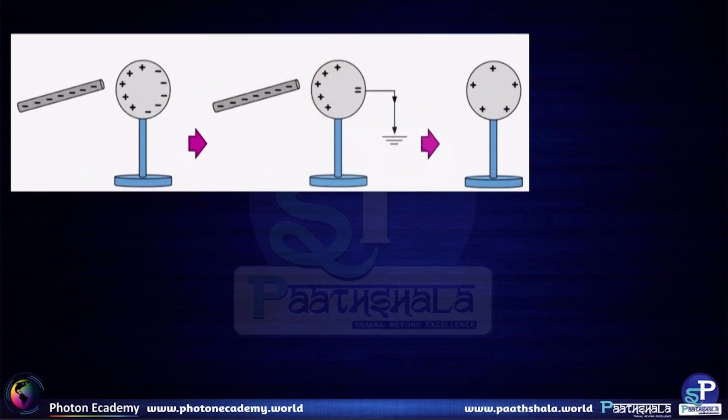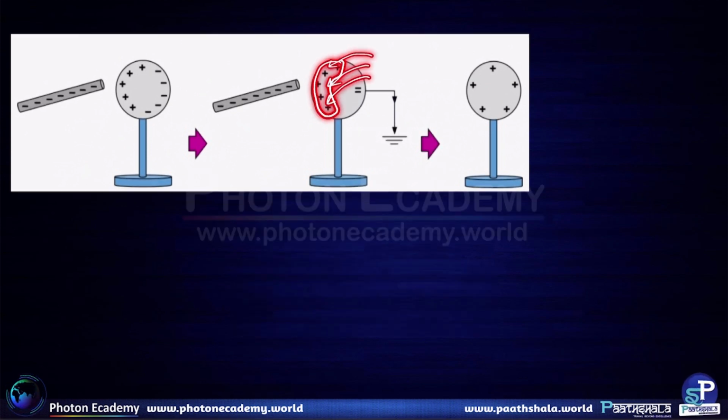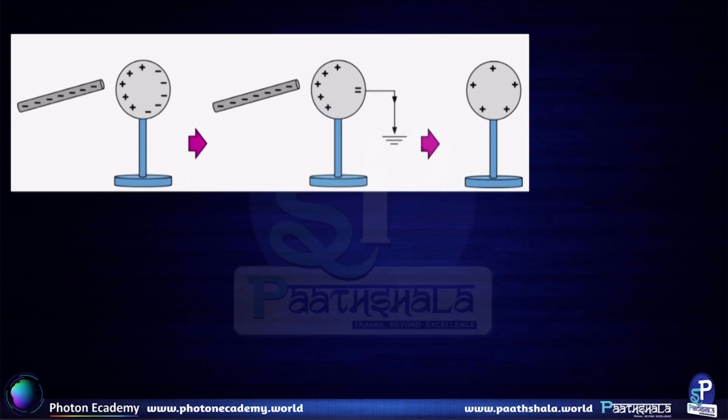Remember that they are protons and they cannot move. If we want to neutralize them, we can only do so by pouring in electrons over here. Note that the rod is not in contact with the neutral body, and hence the electrons from the rod, because of the air gap present, cannot shift onto the positive charges over here.